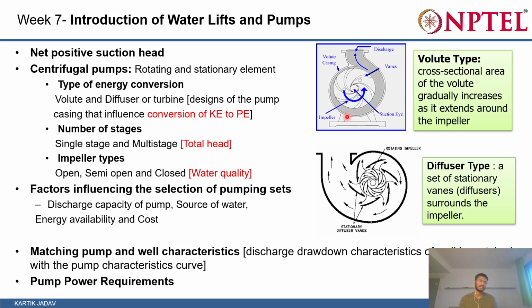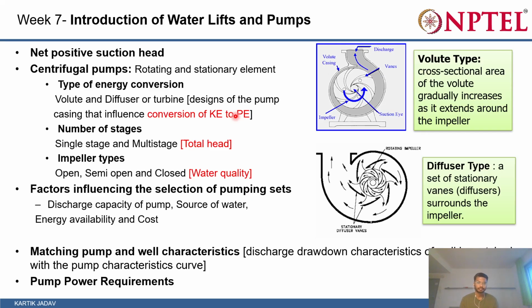But in general, it is classified based on three criteria: type of energy conversion, number of stages, and impeller type. In terms of energy conversion, volute and diffuser or turbine types are most common. It basically converts kinetic energy into potential or pressure energy.